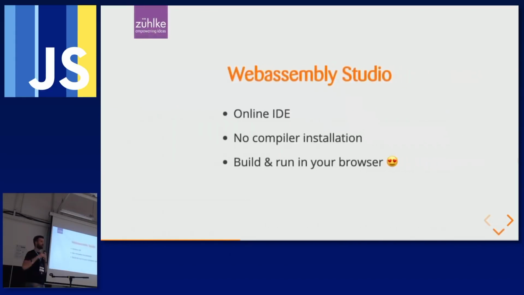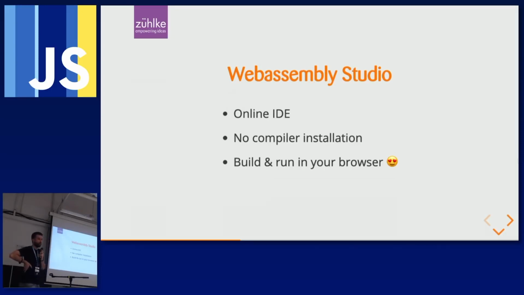Cool. But since I don't want you to have to install the Rust compiler, right? We have Linux, macOS, Windows. Certainly it would work on some of the machines, and on some we would just have some weird issues. I'm going to use WebAssembly Studio, an awesome project by Mozilla.